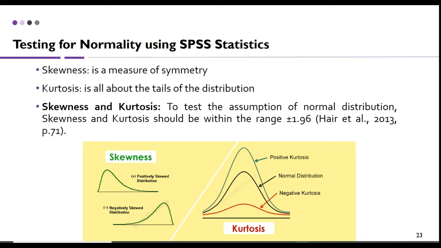So skewness is a measure of symmetry, and kurtosis is a measure of whether the data are heavy-tailed, like this one, or light-tailed. Relative to a normal distribution, data sets with high kurtosis tend to have heavy tails or outliers, like the green color one.